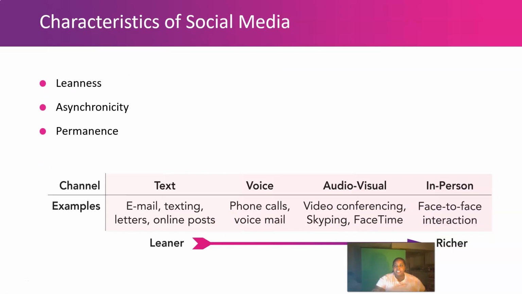So this particular model just talks about characteristics of social media and how it differs from face-to-face communication. When we talk about the leanness of social media, we talk about how much information from the interaction we can get. So with face-to-face communication, we can read facial expressions, we can hear the tone of voice, we can see the whole body.